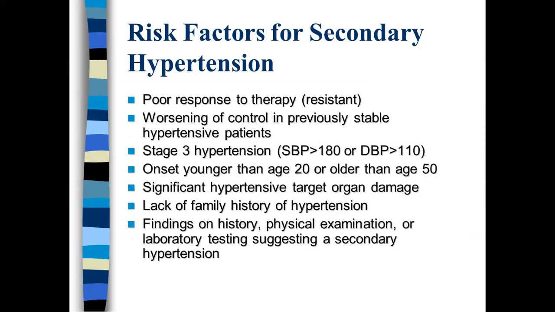So what are the risk factors for secondary hypertension? If you find a poor response to therapy, if you don't find a family history of hypertension, or worsening of control in previously controlled patients, or from the start, stage 3 hypertension, onset of hypertension below 20 and older than 50, all these factors will ignite the thinking that this blood pressure is secondary, not primary.